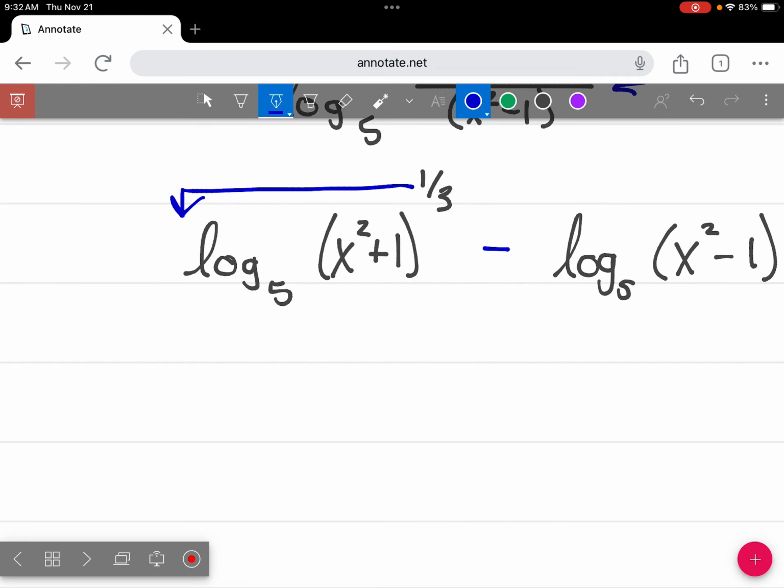And then I want us to look at our arguments and see if either one of those is factorable in the real numbers so that it could be written as a product. Is there any way to write x squared plus 1 or x squared minus 1 as a product that uses real numbers?